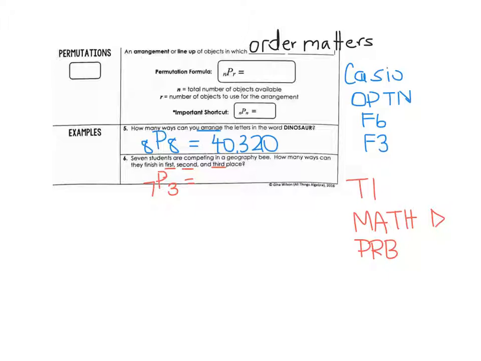So 7 nPr 3. Remember, on that TI, you have to press the 7 before you go find the formula. Then put in the 3. Okay, let's go to the next screen, try a few more.